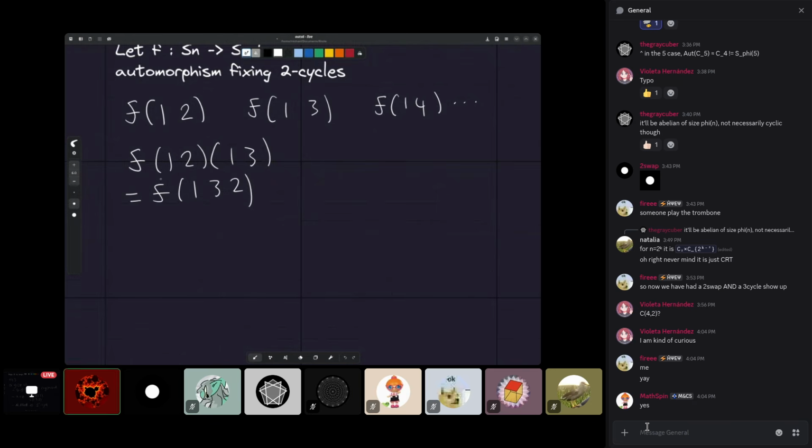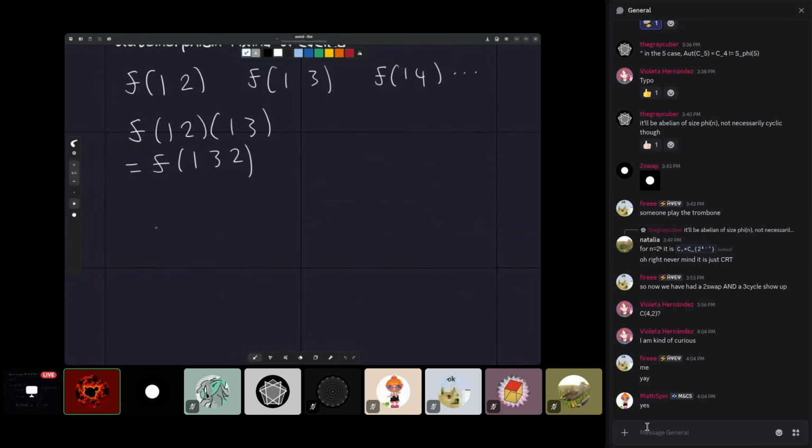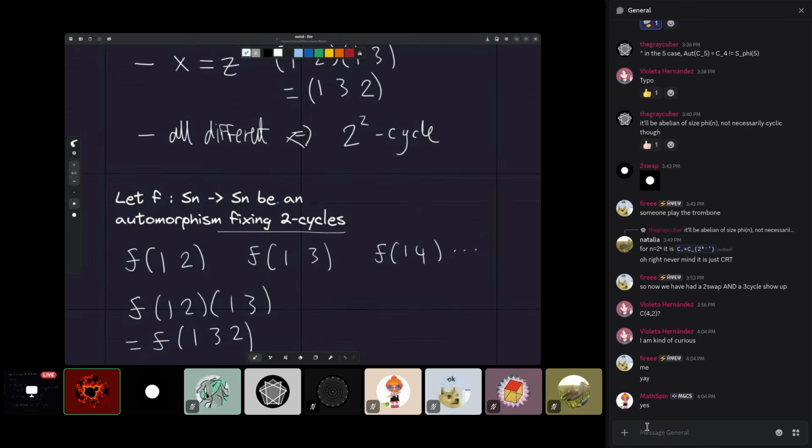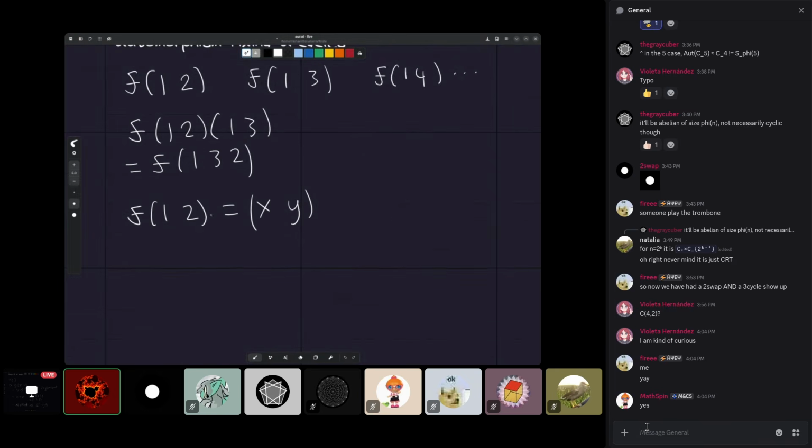And we know f of (1 2) is some 2 cycle. This doesn't encounter your objection because we're assuming f fixes 2 cycles. So this we do know. f of (1 3) is equal to some other 2 cycle for the same reason.